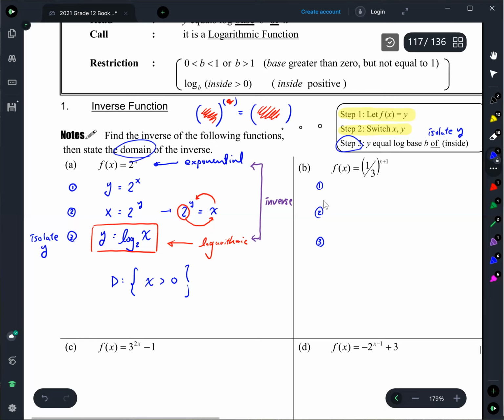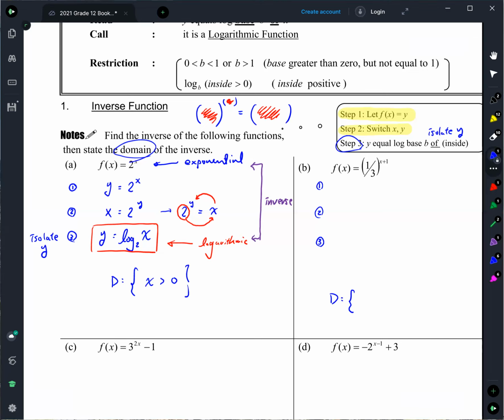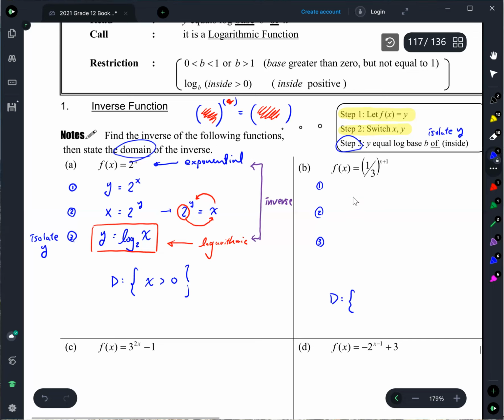I believe step 1 and 2 are pretty straightforward. You can try step 1, 2, 3. Go as far as you can, and I will see if you get it right. And then at the end, we need to write the domain as well. When you finish question B, please raise your hand, and then we'll go over the answers.